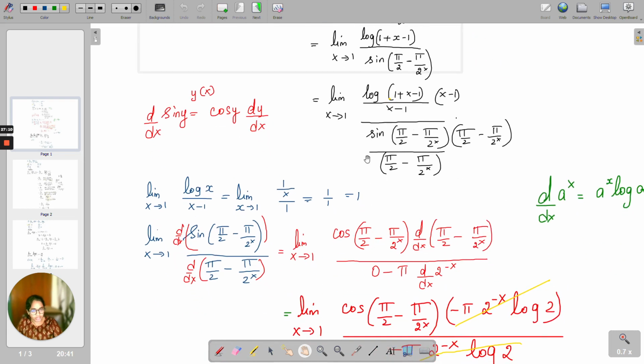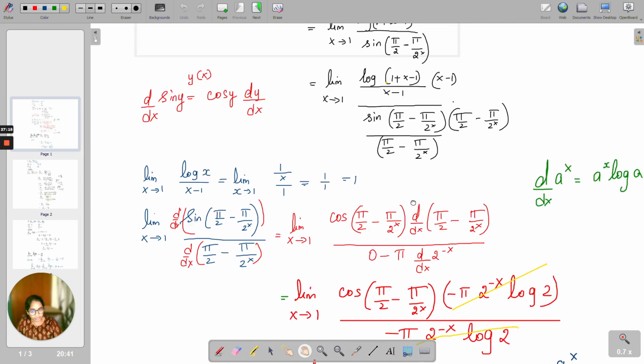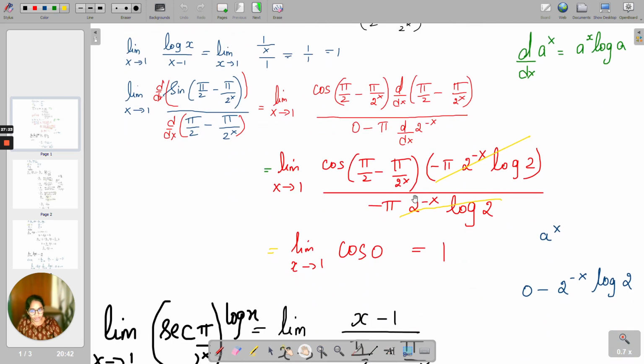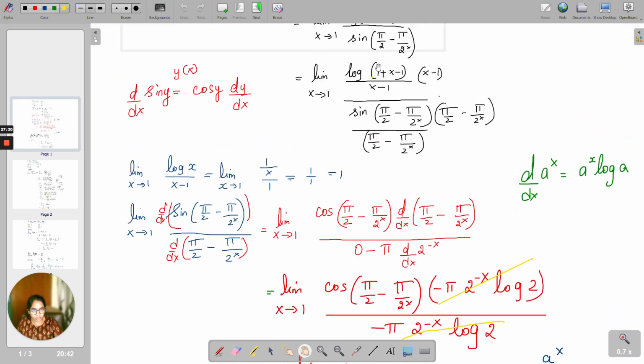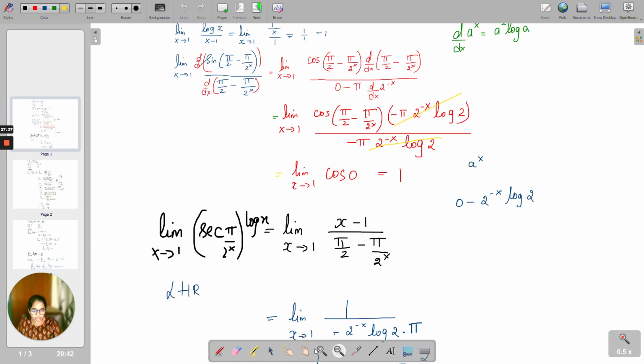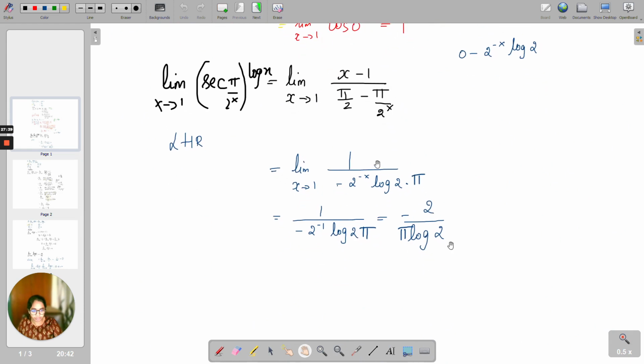We cannot take this as 1 because we have x tending to 1, not 0. For the numerator term, we applied L'Hospital's rule and arrived at 1. For the denominator too, we applied L'Hospital's rule and arrived at 1. For the remaining terms, again we used L'Hospital's rule, and then we got our required limit.